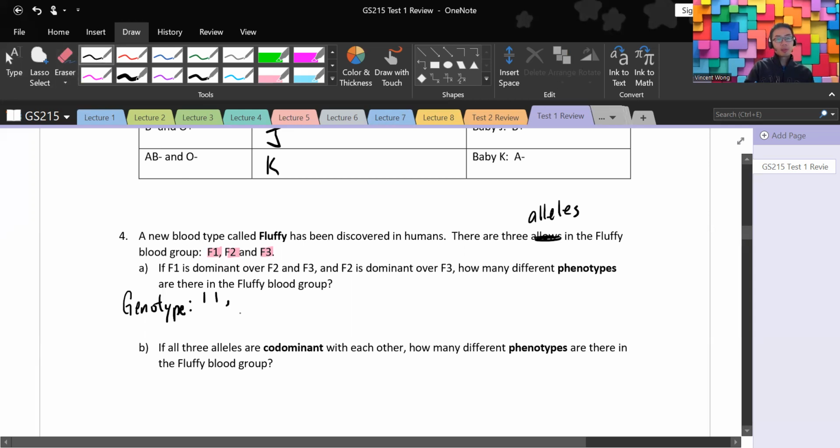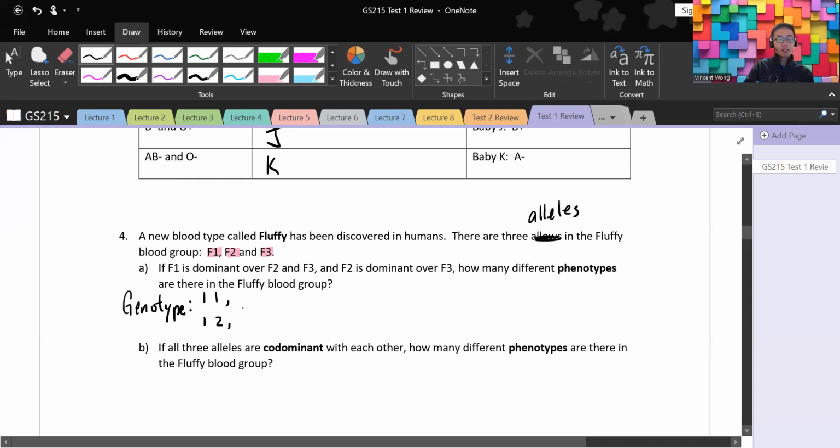What's another possible combination? The alleles are like F1, F2, and F3, right? So we can have 2 of the ones. And what other? Yeah, we can have a 1 and a 2.